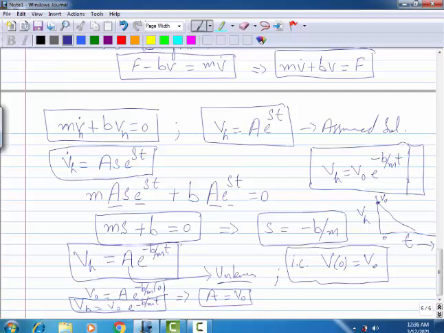So as time increases, it reaches 0 at infinity. This is the graph we get for e to the minus b by m t, starting at the initial condition. The one thing we learned from this graph is that the homogeneous solution, the solution due to the initial condition, exists only for a very small time in the system. This means that it makes up the transient response of the system.